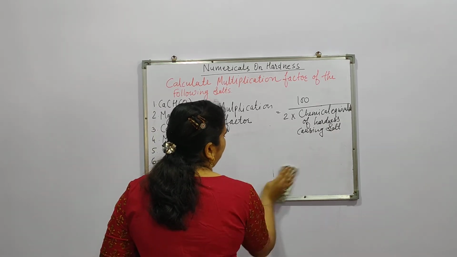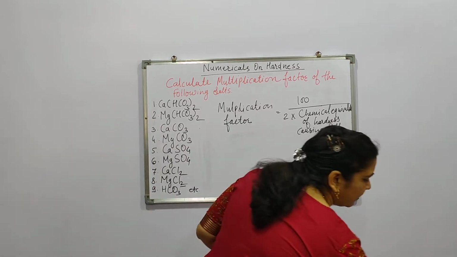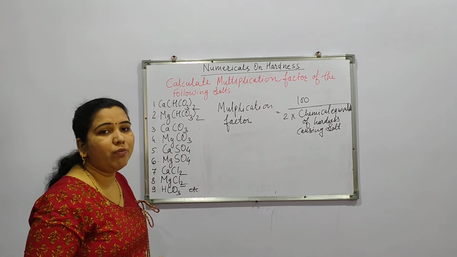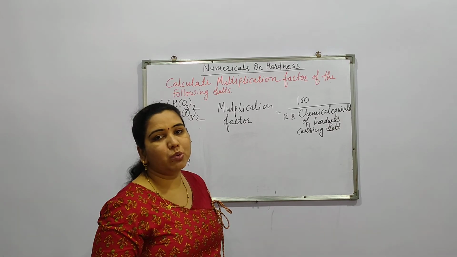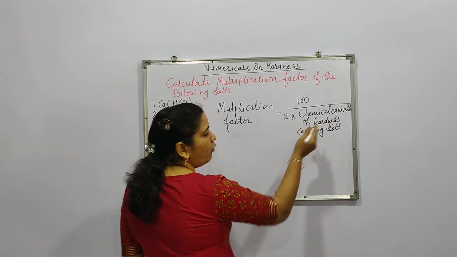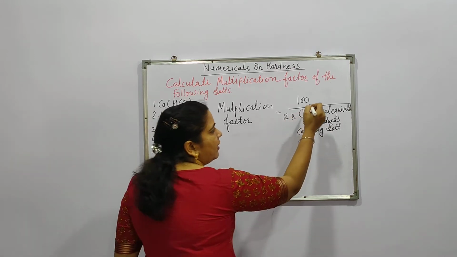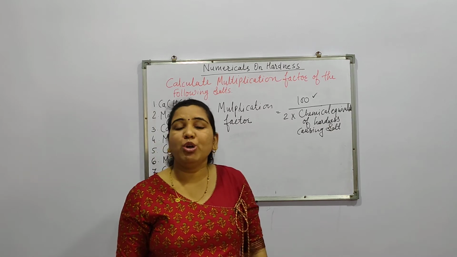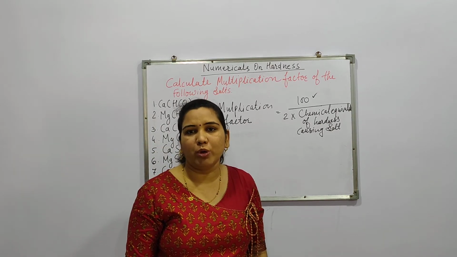Now after that, to calculate the multiplication factor, first of all we will see the example of Ca(HCO3)2, that is calcium bicarbonate. Now in this formula of multiplication factor, why is this 100 there? It is nothing but the molecular weight of calcium carbonate.